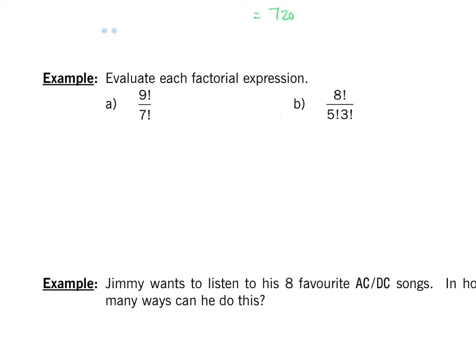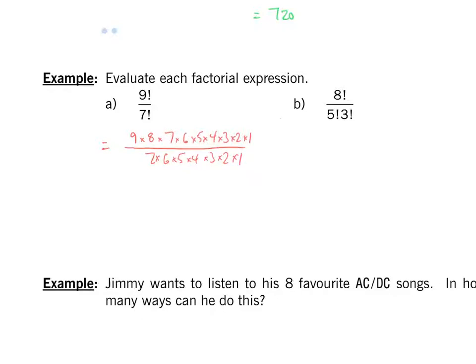What would 9 factorial over 7 factorial look like? And in order to help us, let's think about this way. 9 factorial is equal to 9 times 8 times 7 times 6 times 5 times 4 times 3 times 2 times 1. And 7 factorial is 7 times 6 times 5 times 4 times 3 times 2 times 1.